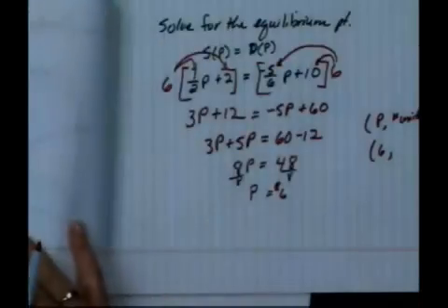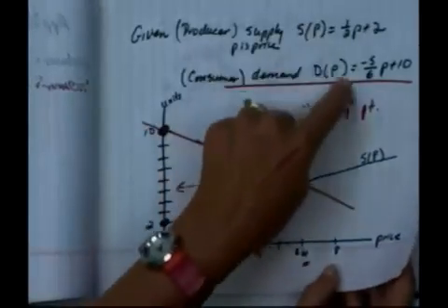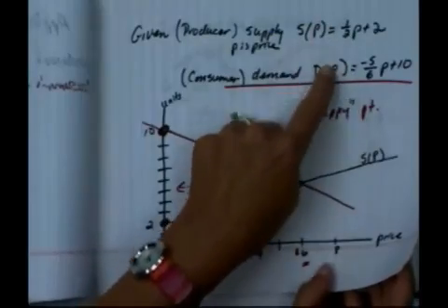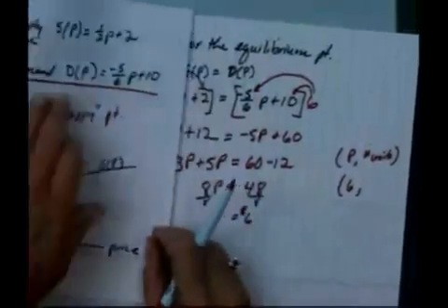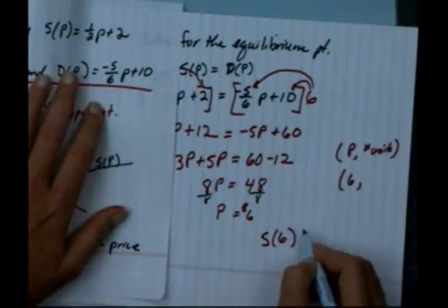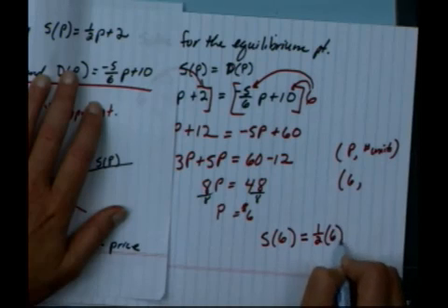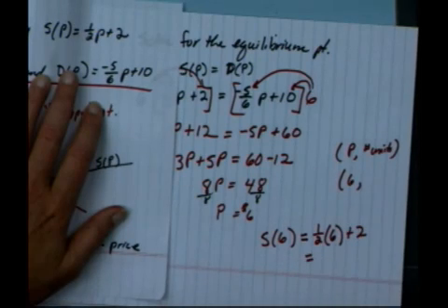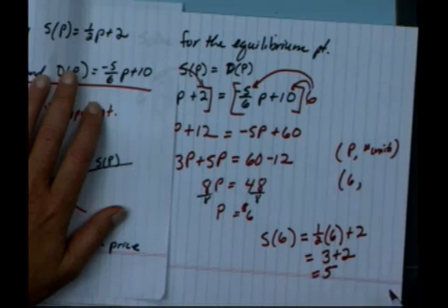Okay, but how do you do that algebraically? Just substitute it into either one of the equations. Just do either one that you enjoy doing. I think I'll do the first one. So we'll say S of 6 equals 1/2 times 6 plus 2. 1/2 of 6 is 3. 3 plus 2 is 5.